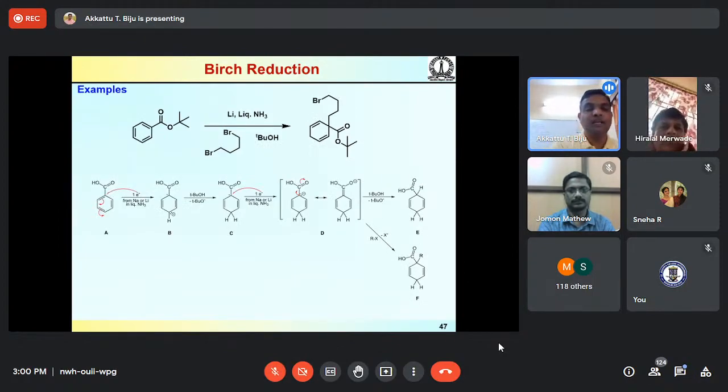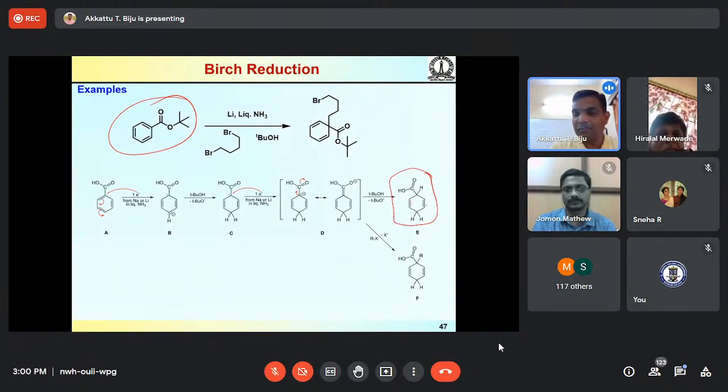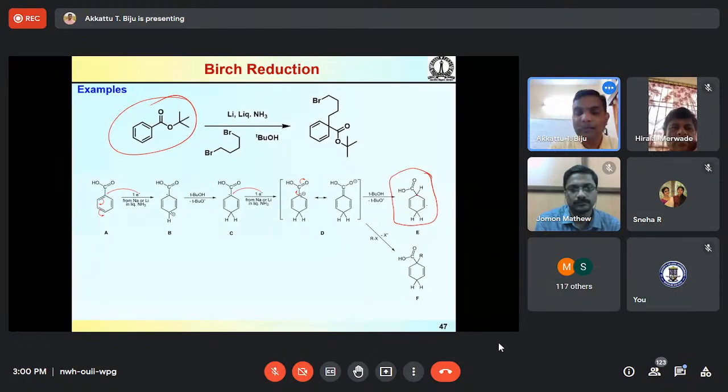If we have a tertiary butyl ester or any carboxylic acid derivative, we know that the final product formed will be the acid where the double bond will be in the vertical position, away from the carbon bearing the electron withdrawing group. Once the Birch reaction happens, the negative charge will sit alpha to the electron withdrawing group, which is more stabilized.